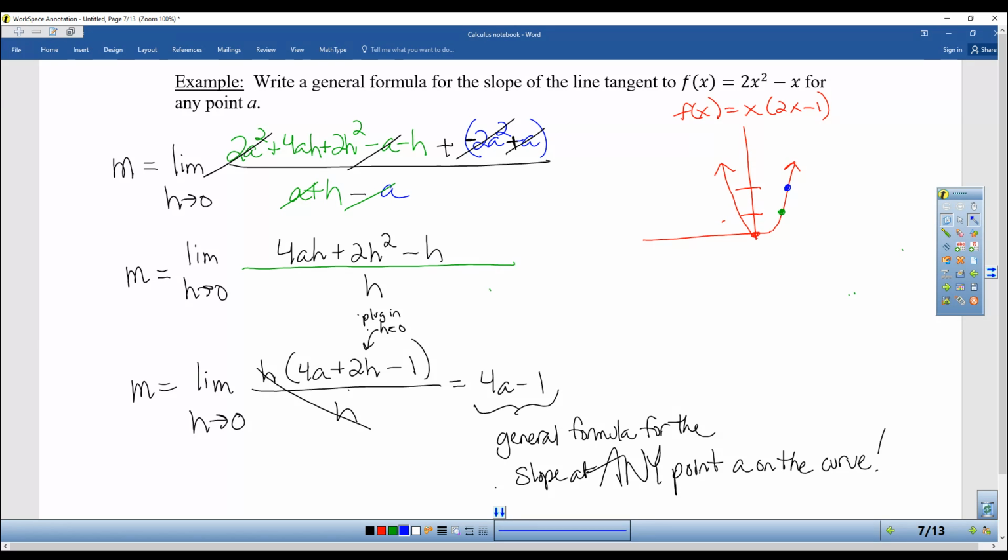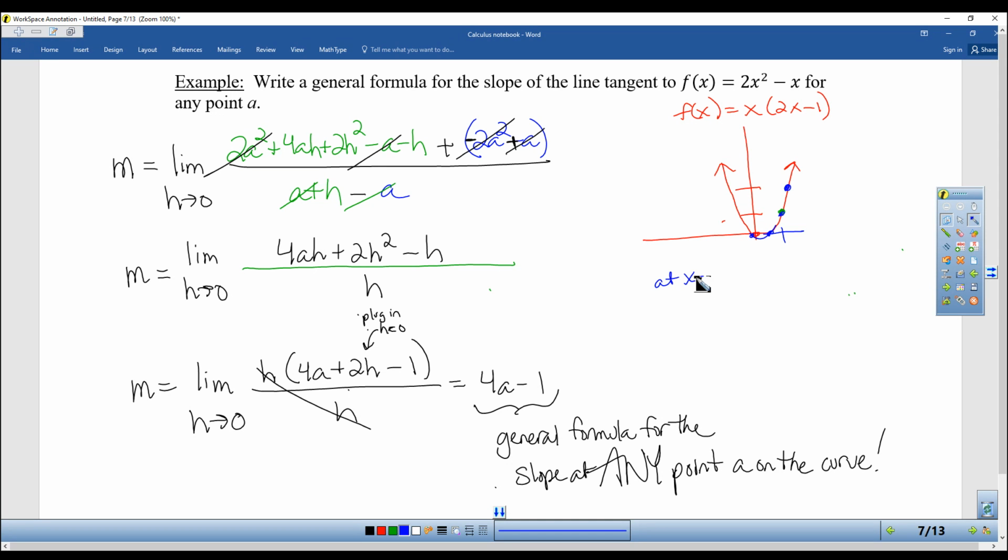So if I said to you, remember this goes down and it goes up through 1/2. That's where it crossed. So if I wanted to know the slope at 1, so at 1, what is the slope?